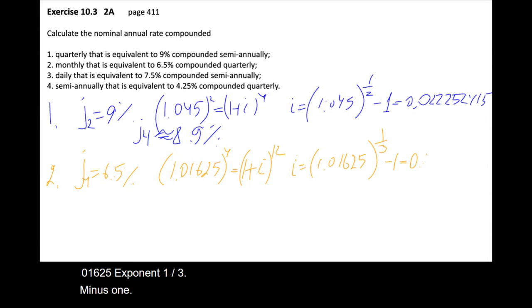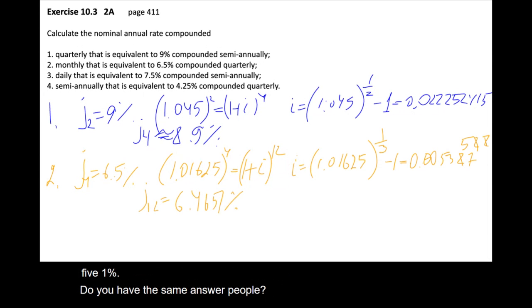So I have 0.005387588. So J12 would be 6.4651%. Do you have the same answer, people? Guys?